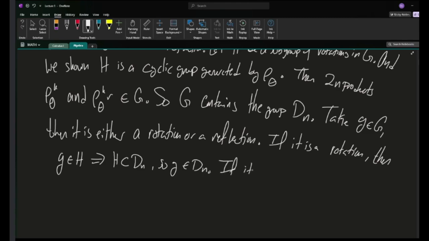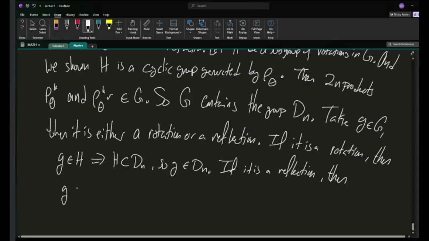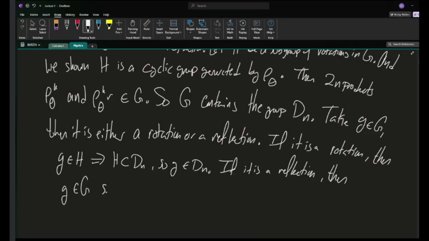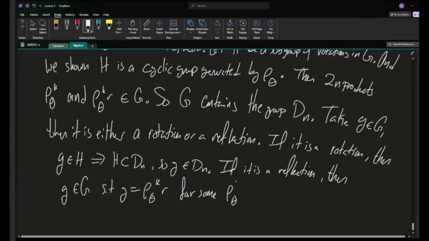If it is a reflection, then g in G is such that g is equal to rho of theta to the k times r for some rho of theta to the k.